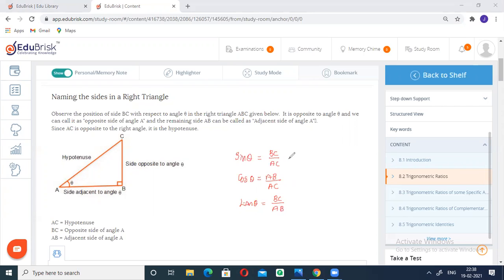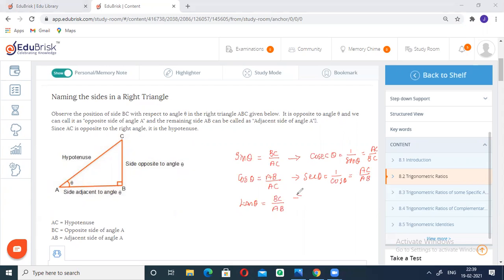Now, as we know, the remaining trigonometric ratios are the reciprocals of these. So cosec theta is equal to 1 by sine theta, which is equal to AC by BC. Then sec theta is the reciprocal of cos theta, that is 1 by cos theta, which is AC divided by AB.